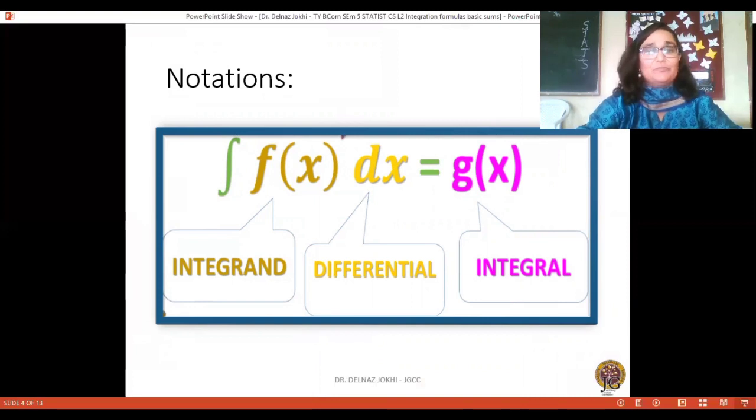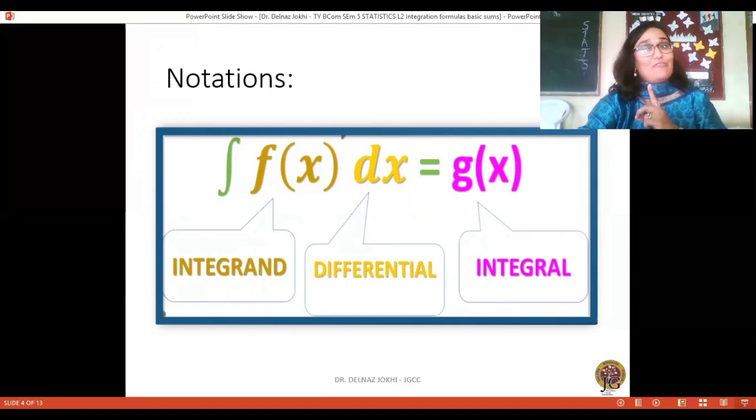All right, then going further, let's quickly revise a few notations which will be very useful for today's lecture. The thing which you see in green color over here is the sign of integration. In the first lecture, I had told you a small story about how this elongated S is known as the symbol of integration. f(x), the function, is known as the integrand. dx is known as the differential. And G(x) is your integral.